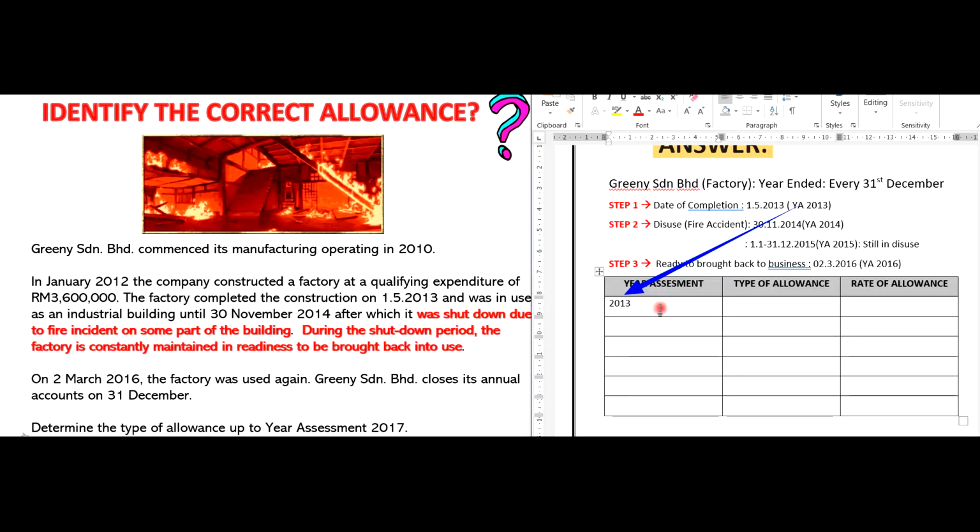In 2013, the building has been completed, and it is the first year that Greenish can claim for initial allowance. Only for the first year when the factory has been completed. The rate of allowance is 10%.